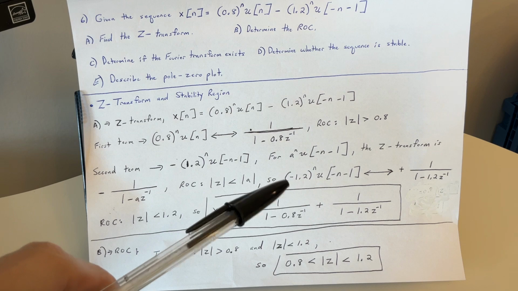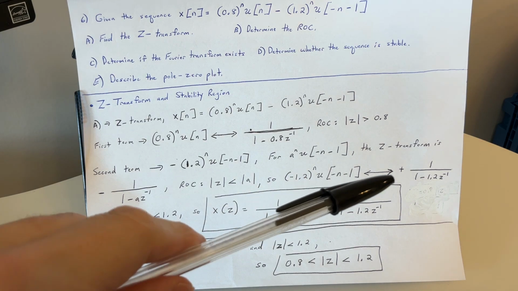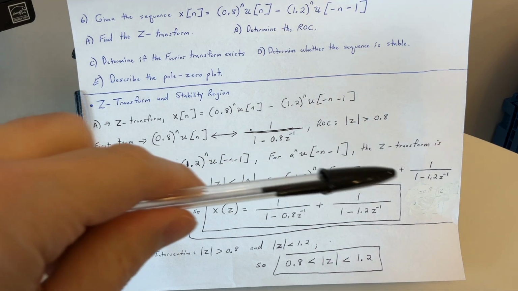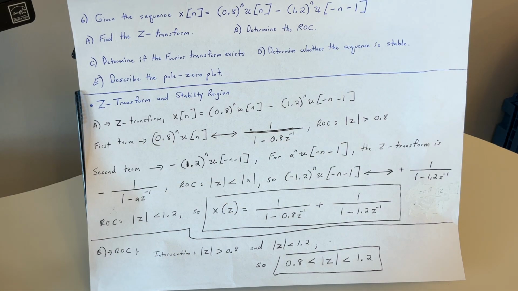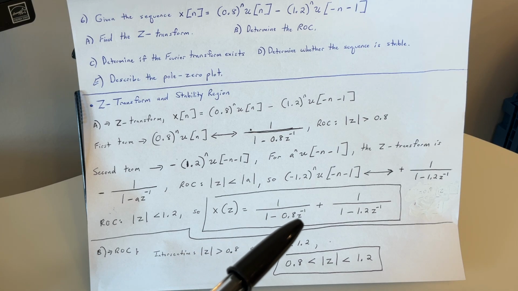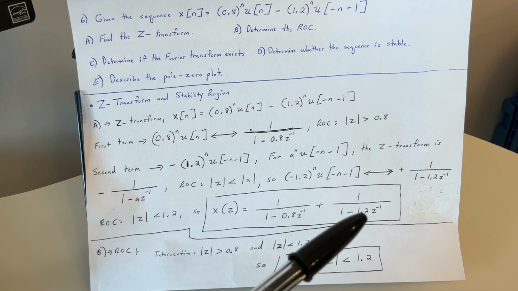So negative 1.2 to the n u of negative n minus 1 transforms to positive 1 over 1 minus 1.2 z to the negative 1. Our ROC, absolute value of z is less than 1.2. So X of z equals 1 over 1 minus 8/10 z to the negative 1 plus 1 over 1 minus 1.2 z to the negative 1.